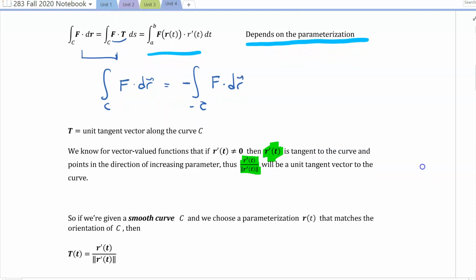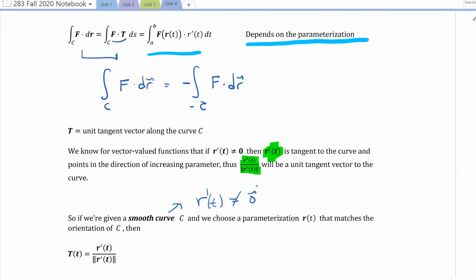If we're given a smooth curve, which is the typical assumption, smooth just means that for every t value the first derivative vector is not the 0 vector, it does not have length 0. That prevents abrupt changes to the graph, such as corners or cusps.